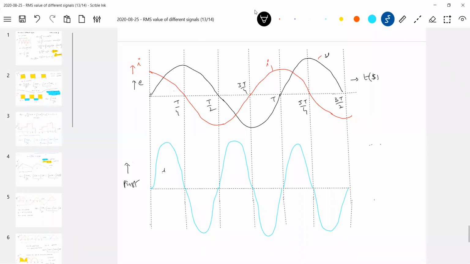Positive means it will accept energy from the source. Negative power means it will generate or return back. Again it will absorb, again it will return back. Don't say positive, negative half cycle. Positive power means the capacitor will accept, negative power means it will return back.